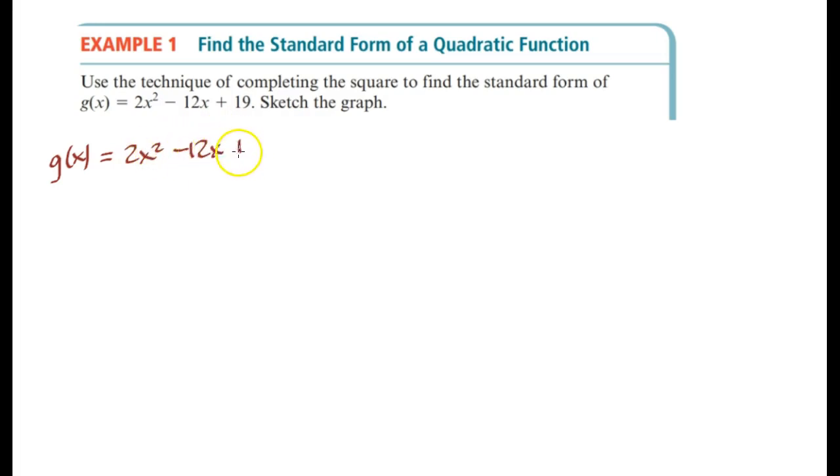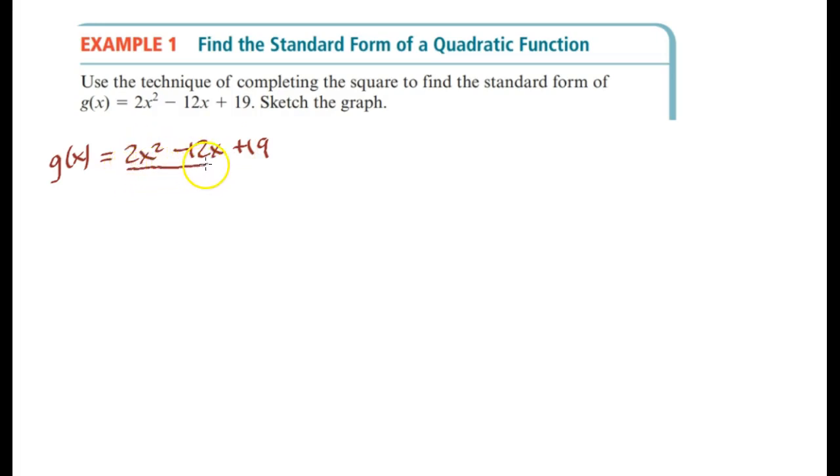And the first step is to factor the leading coefficient, which is 2, the number in front. The interesting thing about how we're going to factor this is that we're only going to factor it out of the first two terms.